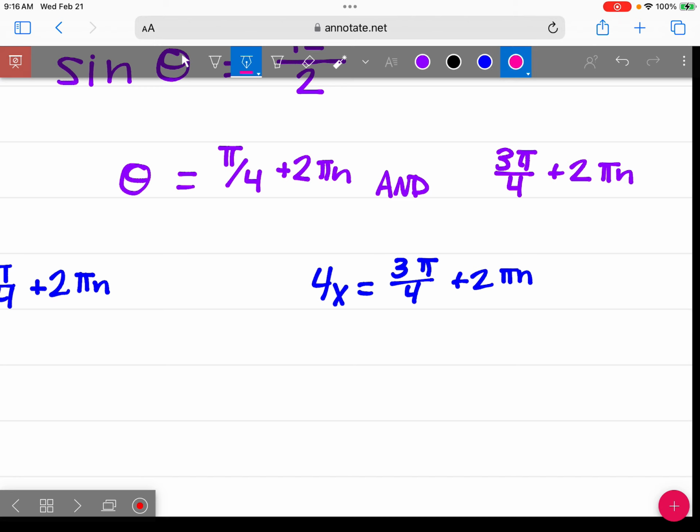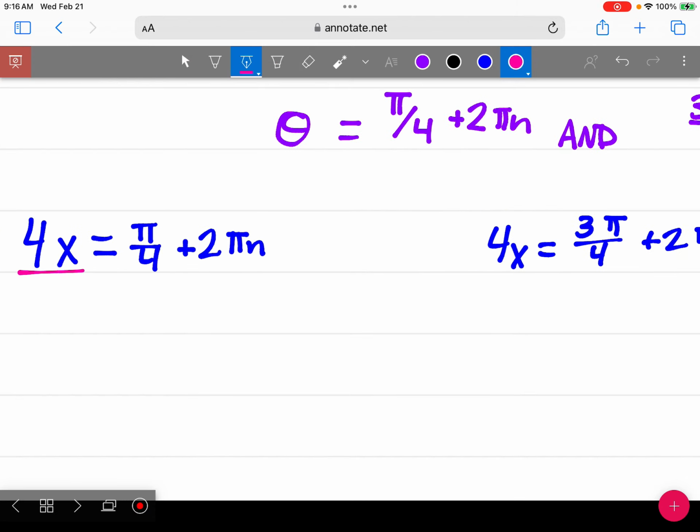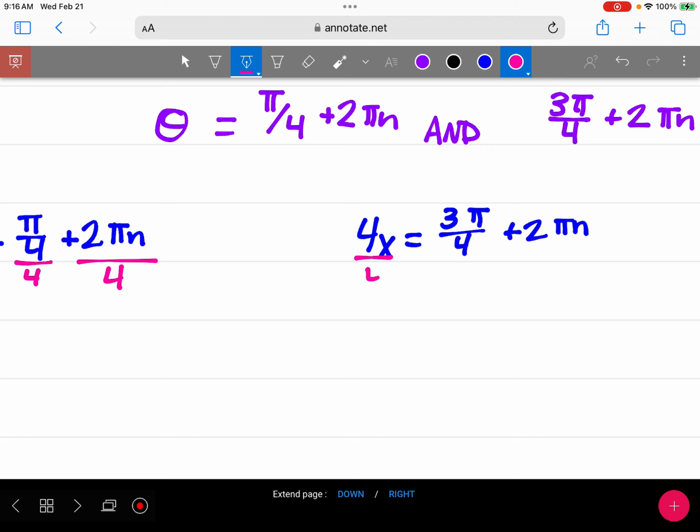And what are we going to do to solve for x? Divide by 4, because we're super awesome like that. To all the pieces. Absolutely every piece gets divided by 4.